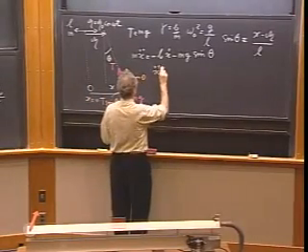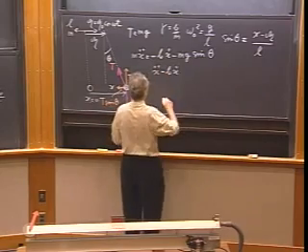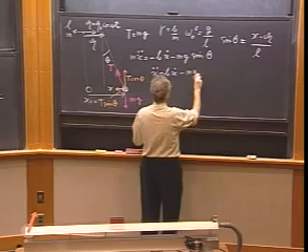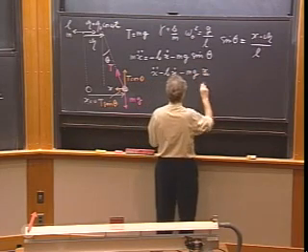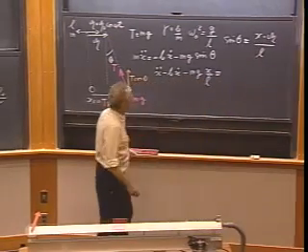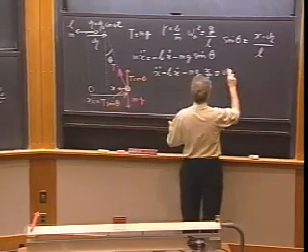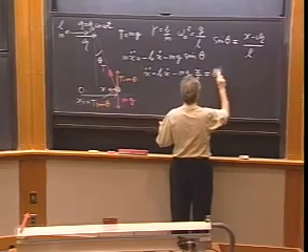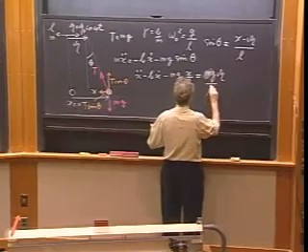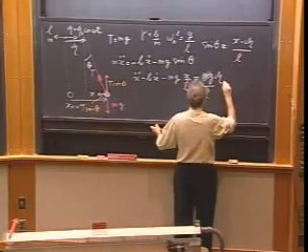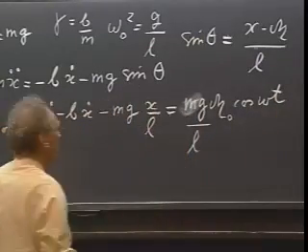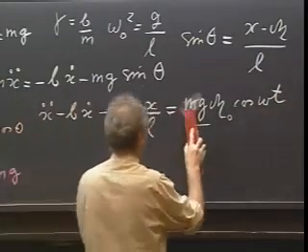Let's just say m x double dot minus b x dot, and now we get minus mg times x over L. And now we bring Walter Lewin to the other side, and so we get plus mg times eta divided by L. And eta is eta 0 times cosine omega t, because I am moving my hand, so that eta is a function of time.